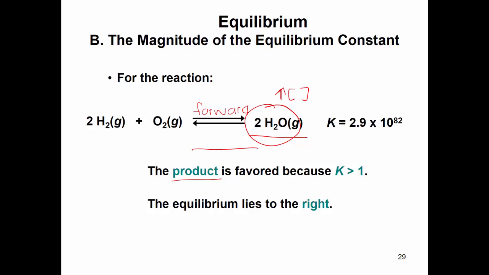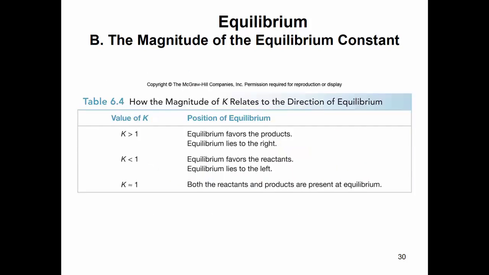Sometimes you'll see the double arrow, which shows it's an equilibrium reaction, but this arrow is much larger because this reaction favors the products. If K was less than 1, then the reaction would favor the reactants.